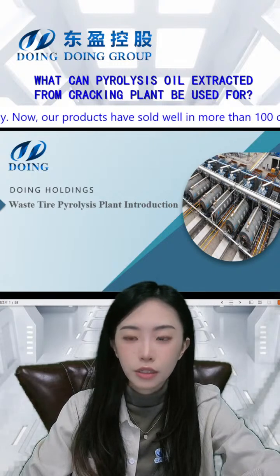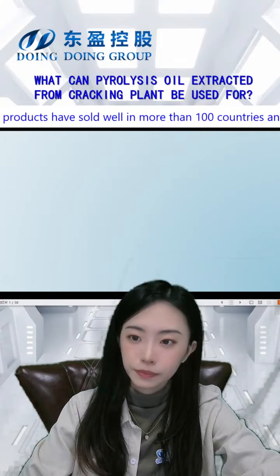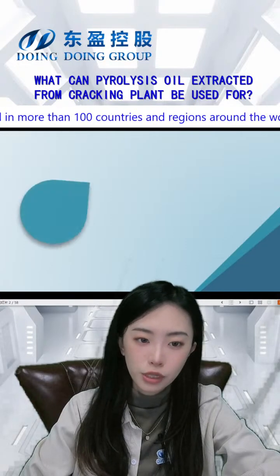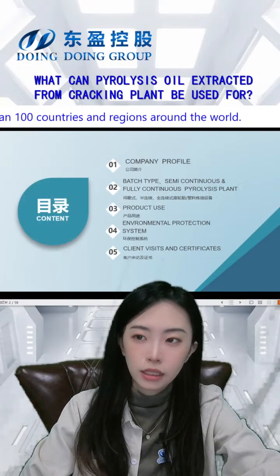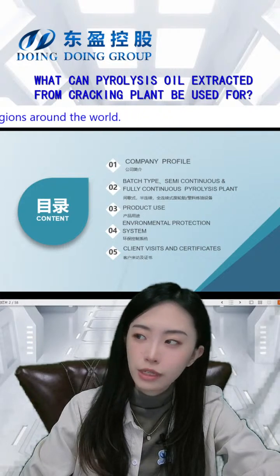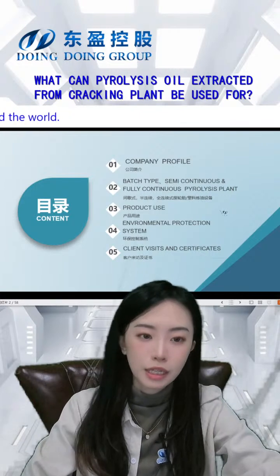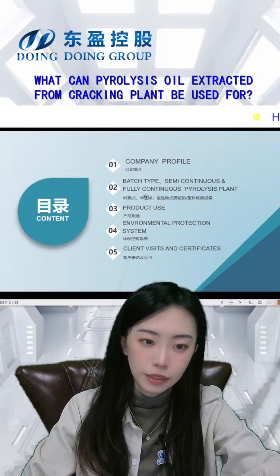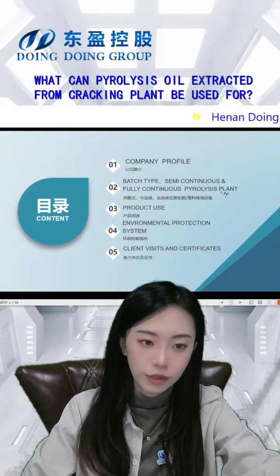We are a leading manufacturer of pyrolysis plants. We have 3 kinds of equipment. This is a catalog. It shows the batch type pyrolysis plant, the semi-continuous pyrolysis plant, and the fully continuous pyrolysis plant.